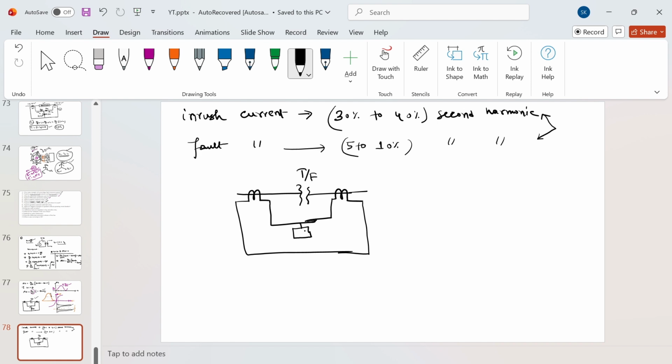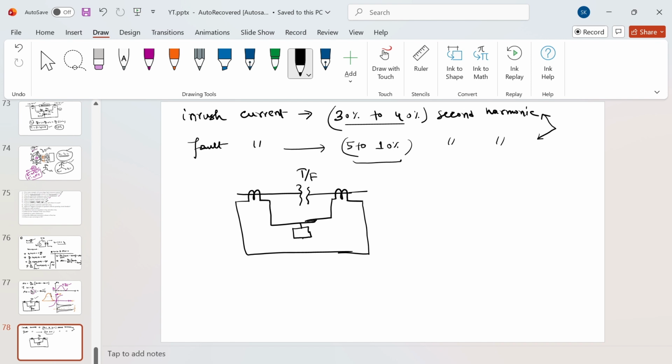That circuit will extract the second harmonic component flowing in the transformer and measure what percentage it is. If it is significant, between 30 to 40 percent, then my operating coil should not send any trip signal to the circuit breaker. The protective system should understand that this is an inrush current, which is not harmful and will go away within a moment, so I should not trip it.